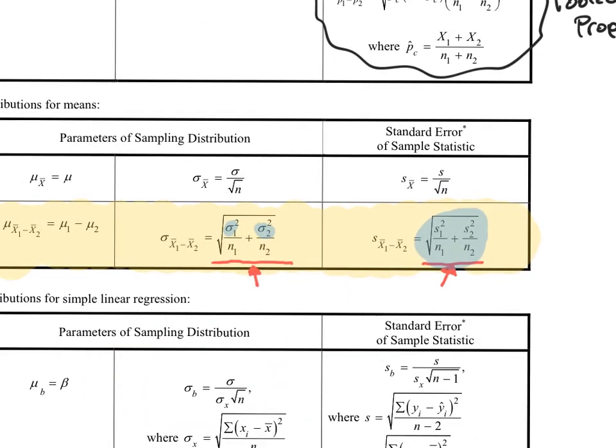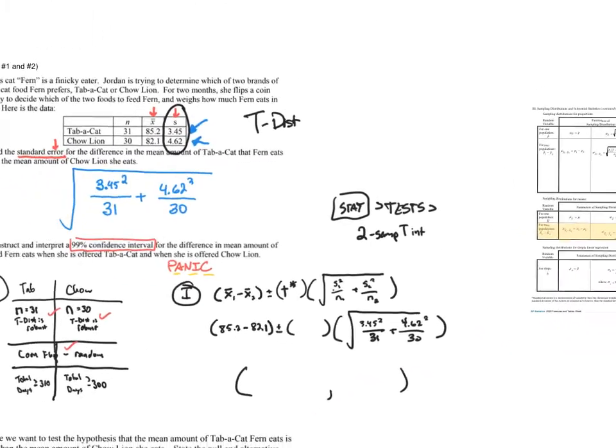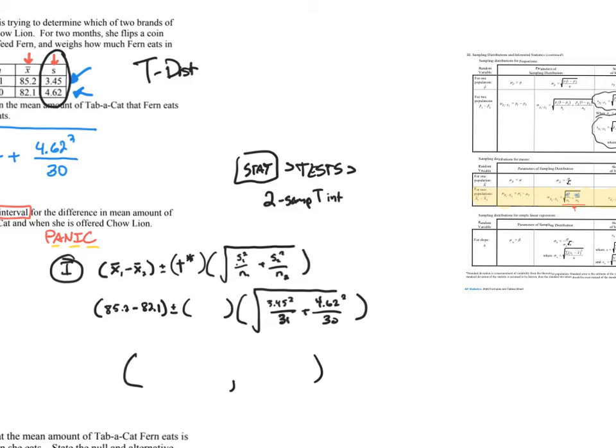So here we're just always going to say no to pooled. This is the AP level. Just say no to pooled.